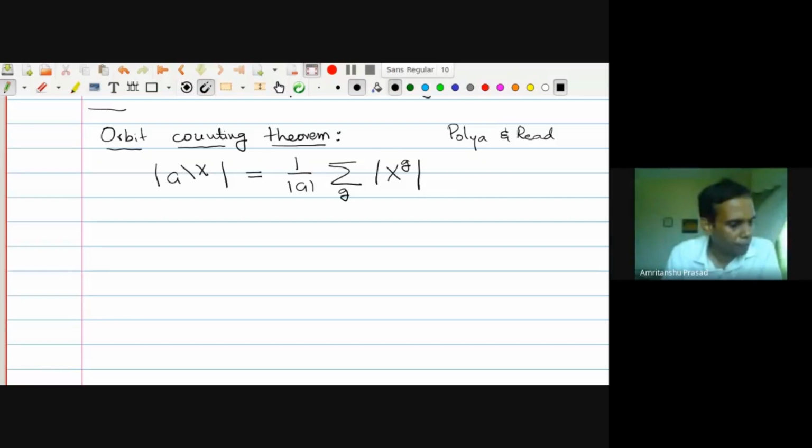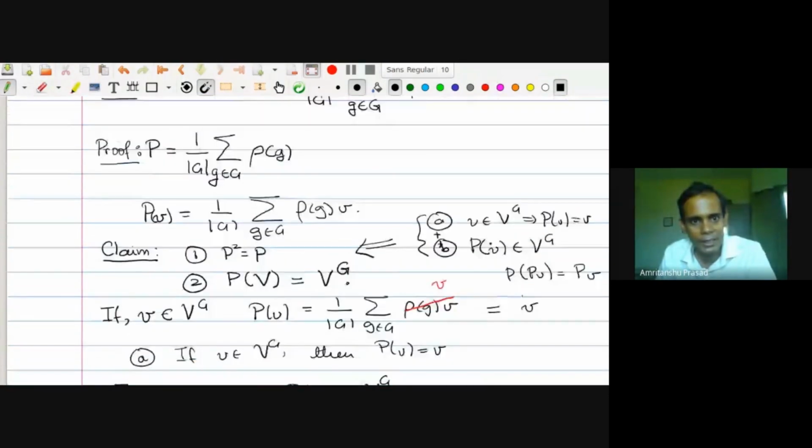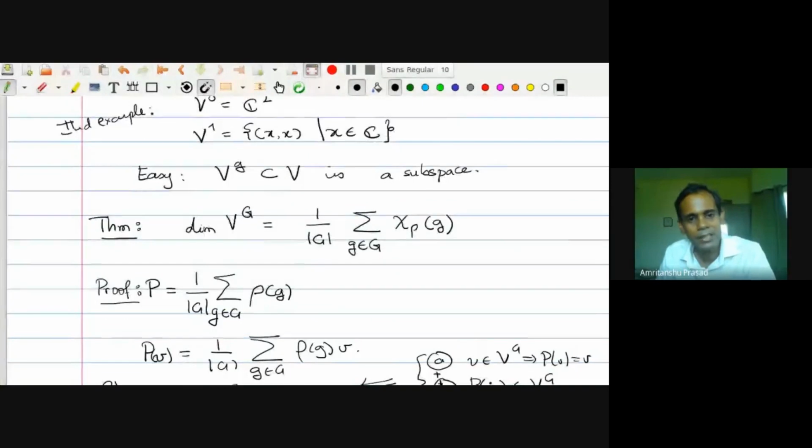So let me give you a proof of this orbit counting theorem, which uses representation theory. Firstly, I need to construct a representation. We have this earlier theorem which says that the dimension of G invariants is the average value of the character. This looks somewhat similar in shape.